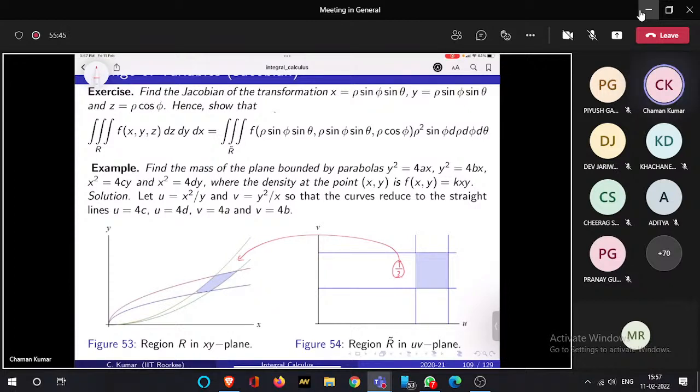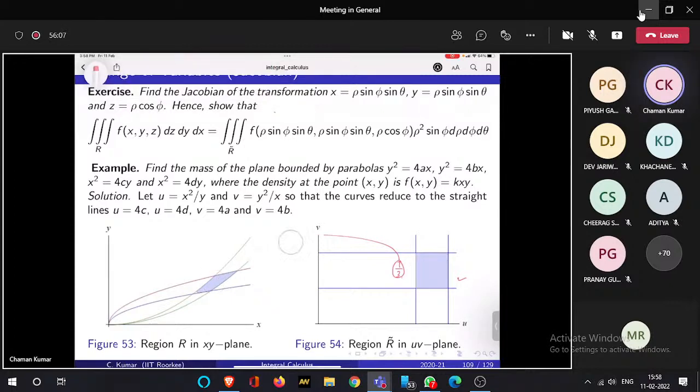In this case, the Jacobian came out to be just a constant. So a simple multiplication by a constant will give you the same area that you have of the rectangle. You multiply the area of this rectangle by 1/3, which is the Jacobian, then the area comes out to be exactly this area. Okay.